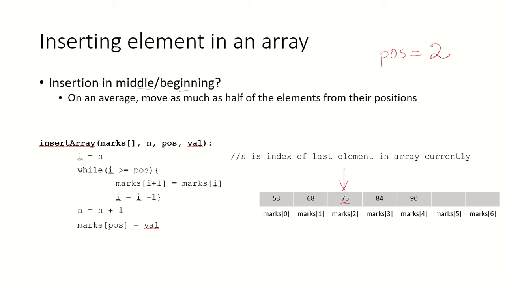So for this scenario, we will have to shift all the elements which are present at that index, as well as the ones which are following that index, to the right. That means this element will be shifted here, this element will be shifted here, this element has to be shifted here. Once I have space over here in this position, then I can add the new value.